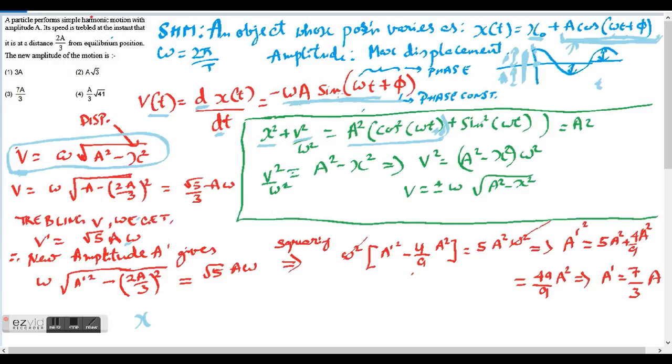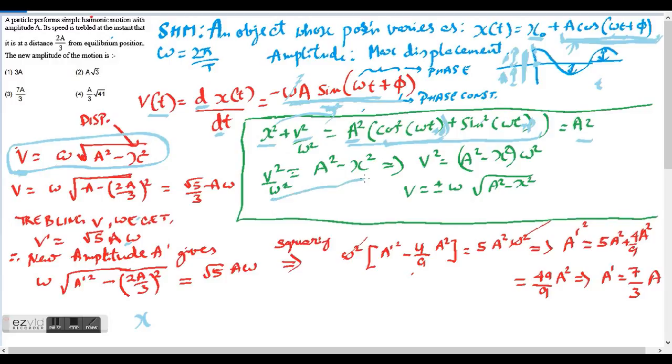This is v; if you were to square it, you will get ω²A² sin²(ωt + φ) over ω². ω² will cancel and you'll be left with this. So I've taken A² as common. I'm saving time. So A² cos²(ωt + φ) plus A² sin²(ωt + φ), and we know that sin²θ + cos²θ is 1. So I'm just going to write 1 and I'll be left with A².